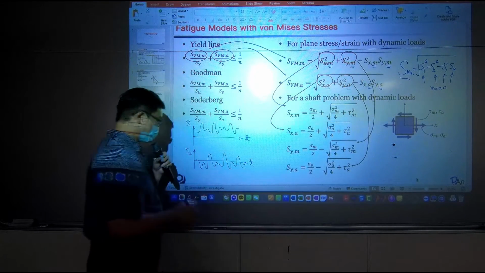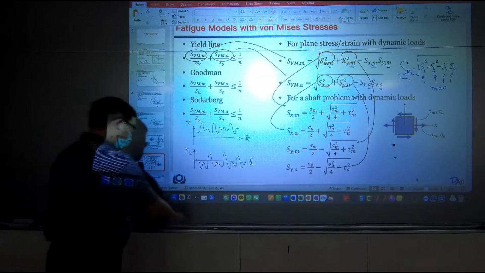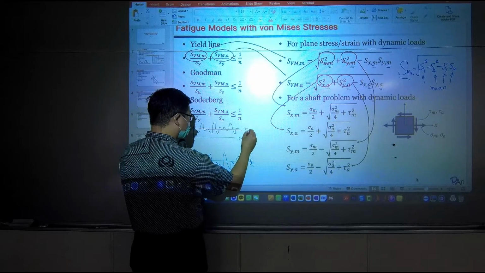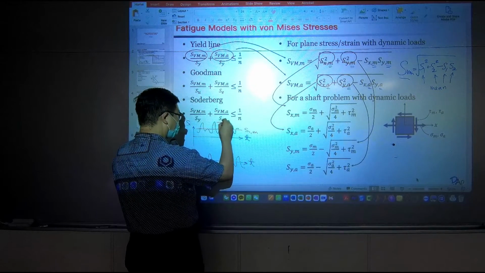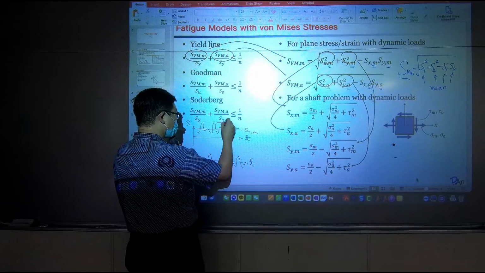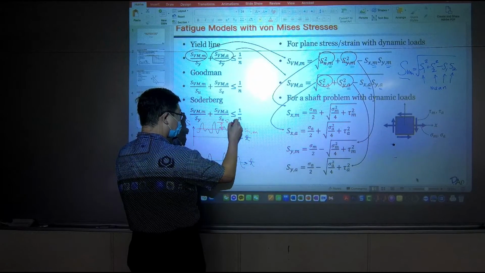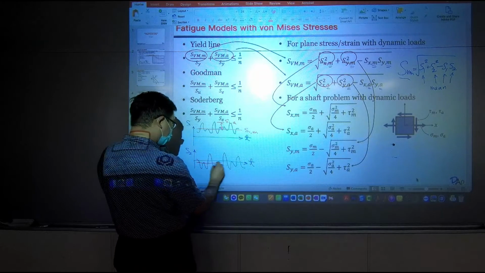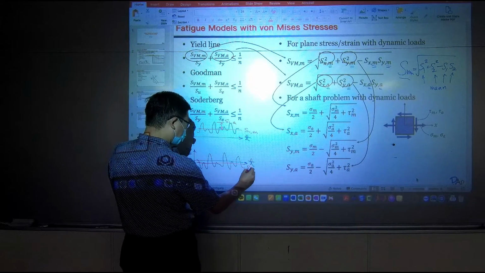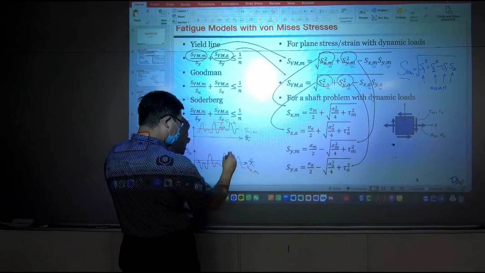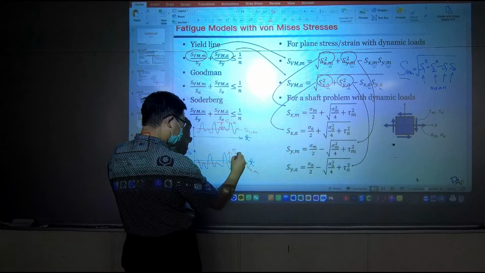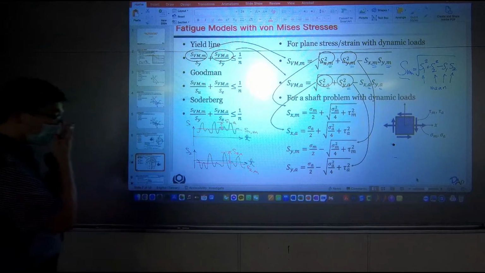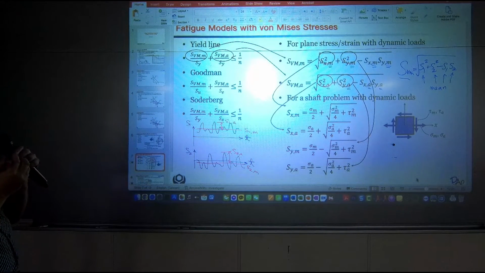Okay, so at the end this is the mean value, and this would be the amplitude. And for this case, this is your mean value, and for example, this is your amplitude. Okay, so can we just use those numbers and then determine the equivalent?